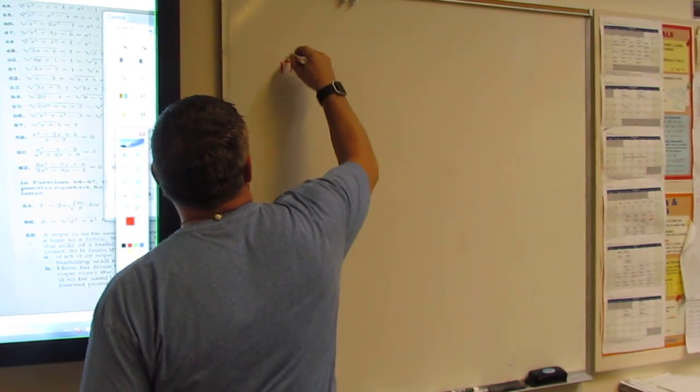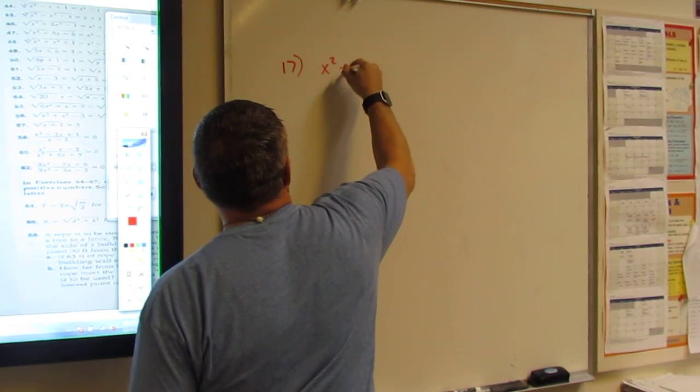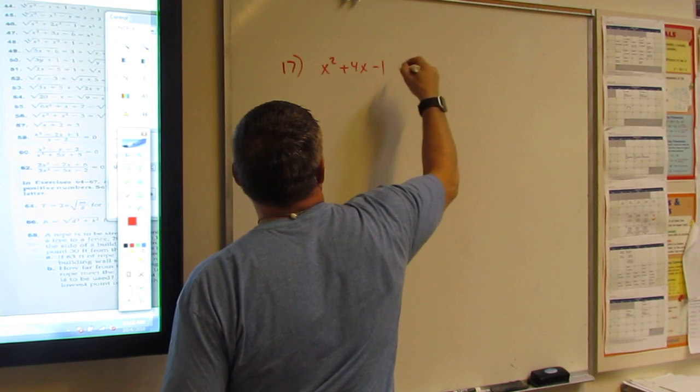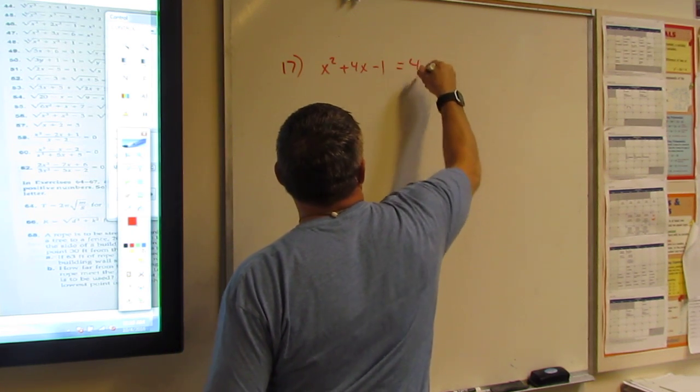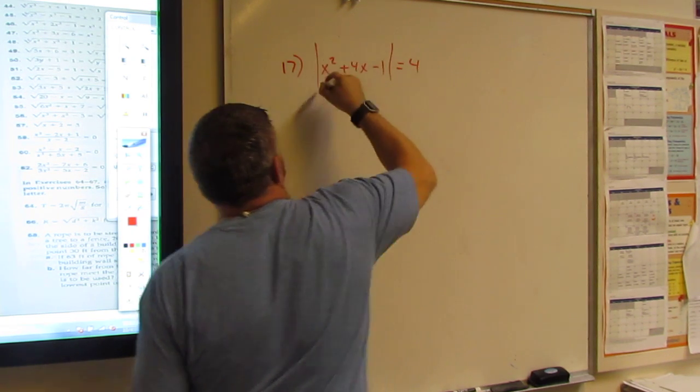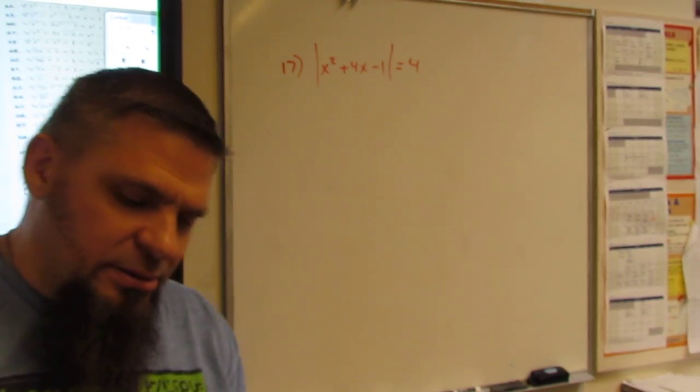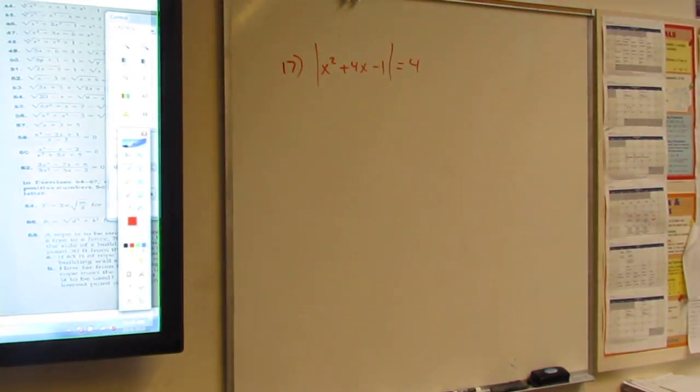X squared plus 4x minus 1 equals 4. Okay, so Dante, what do I do first? Separate them. Okay?